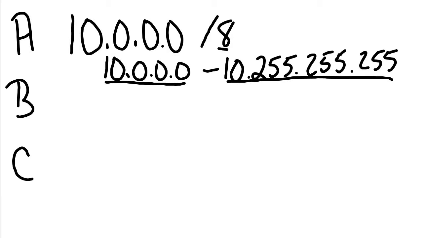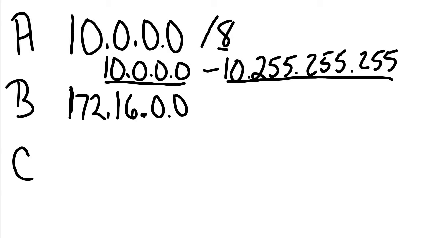All right, so just like in Class A, our Class B private network is 172.16.0.0, and that network has a subnet mask of /12. Just like I said earlier, we could calculate it, but in the interest of time, I will just give you the range.